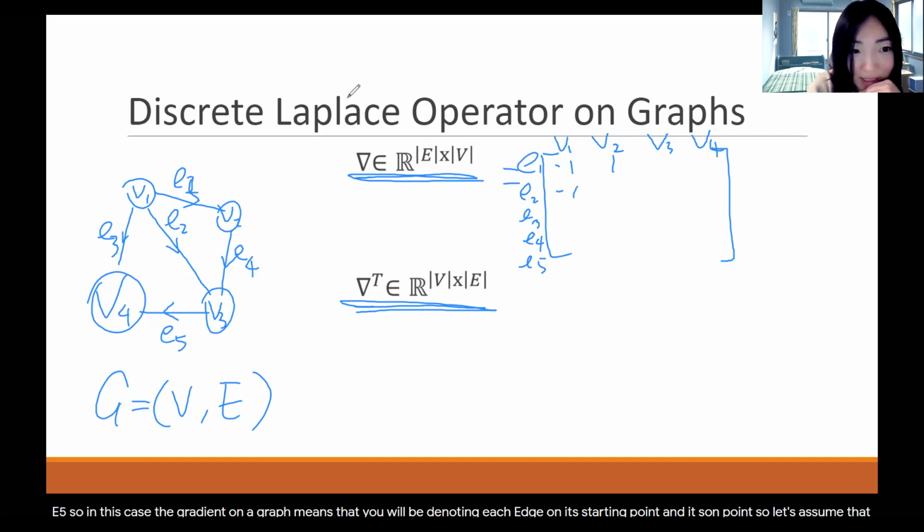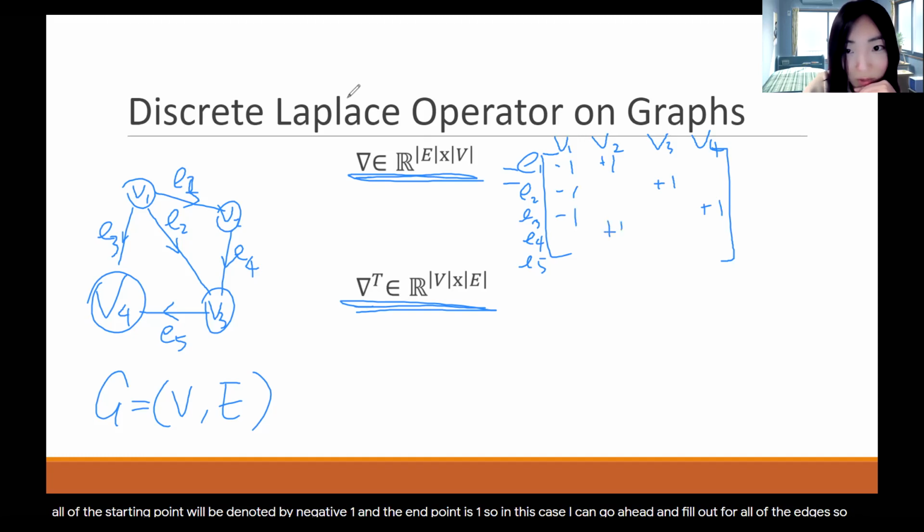The second edge is going from V1 to V3, and the third edge from V1 to V4, and so on and so forth. The fourth is from V2 to V3, and the fifth from V3 to V4.